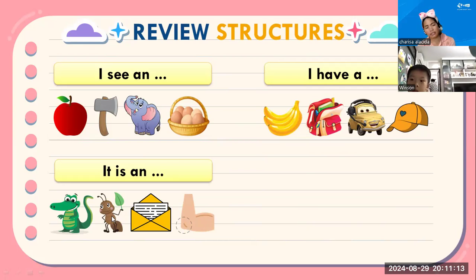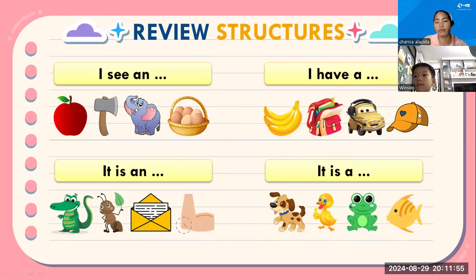It is an ant. How about this? It is an envelope. Again, it is an envelope. Okay, very good. How about this? It is an elbow. Again, it is an elbow. Okay, very good.